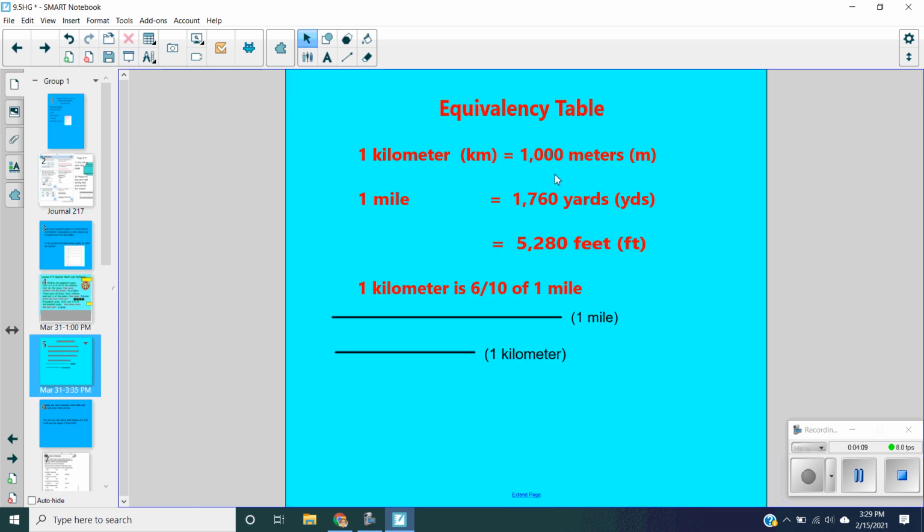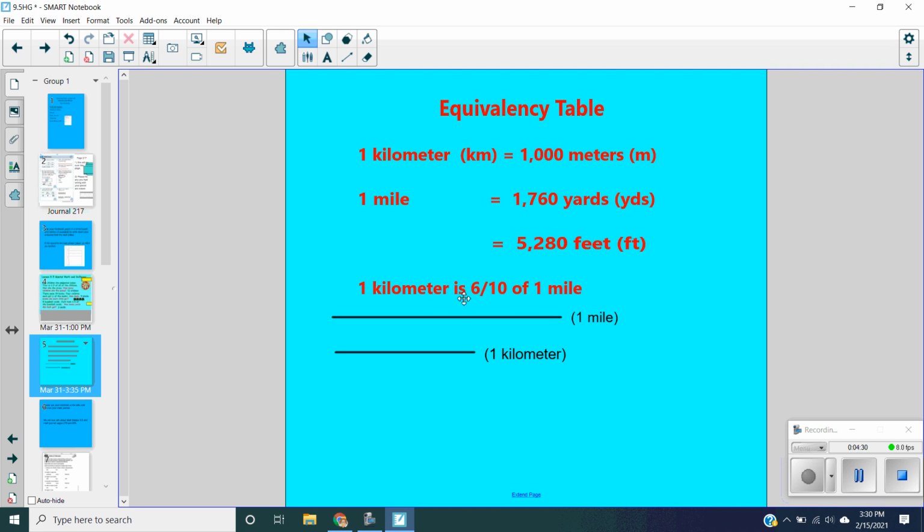For the next part of the lesson, we're going to be talking about distances and longer distances today. So 1 kilometer is the same thing as saying 1,000 meters. 1 mile is the same thing as saying 1,760 yards, or 5,280 feet.